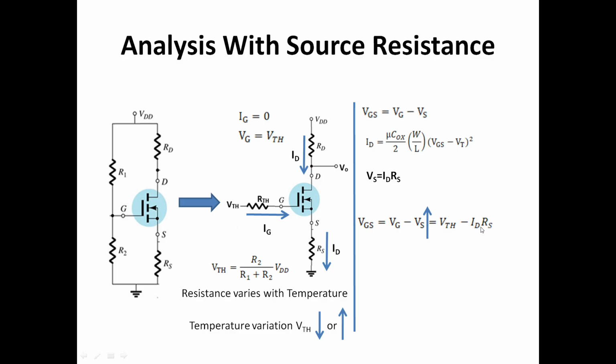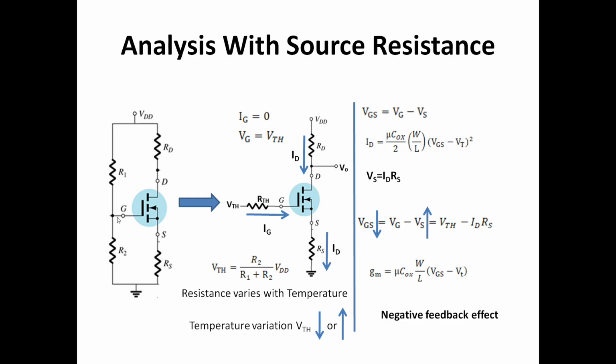Now if Id increases, then Vs will increase. So if Vs increases, the Vgs will decrease because the Vg will not change and Vs will increase. So the potential drop Vgs will decrease.